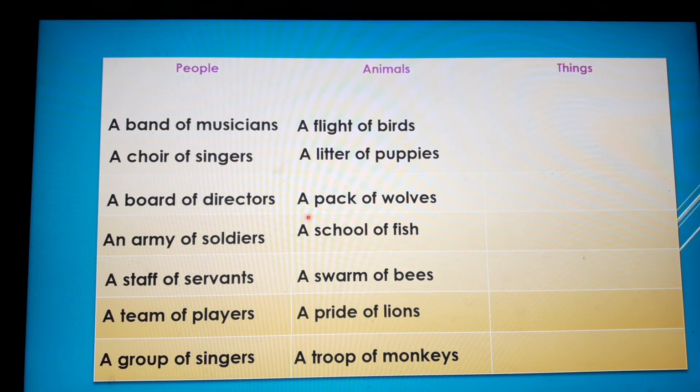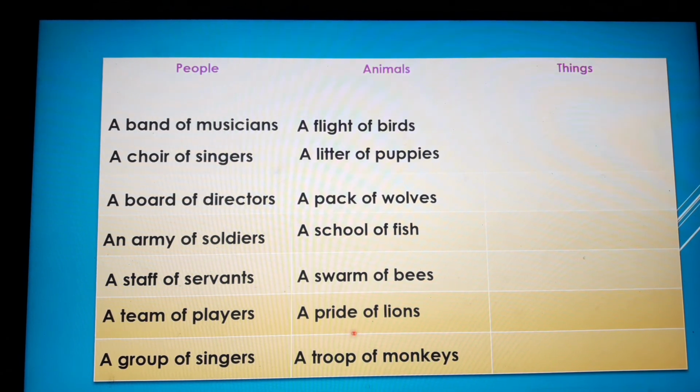Next one, a pack of wolves. For the wolves, we'll say pack, a pack of wolves. Next one, a school of fish. School is the collective noun. So school of fish. Next, a swarm of bees, swarm.